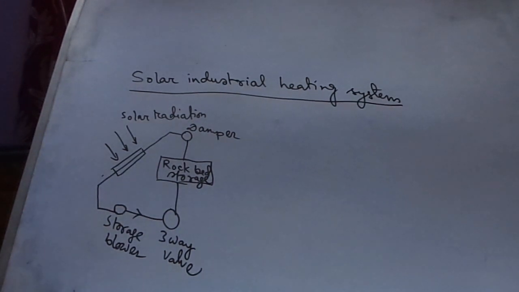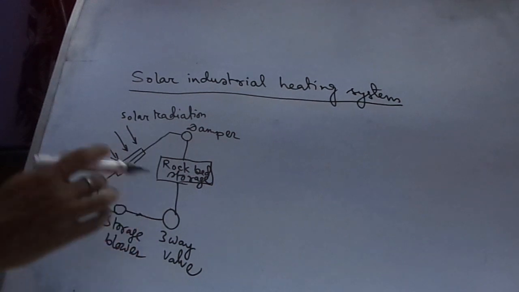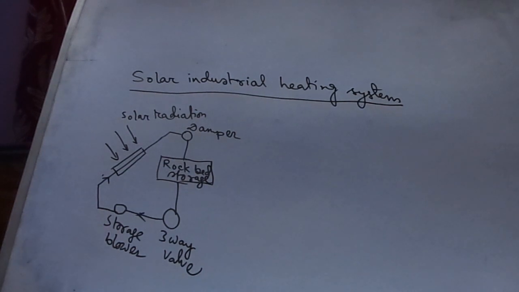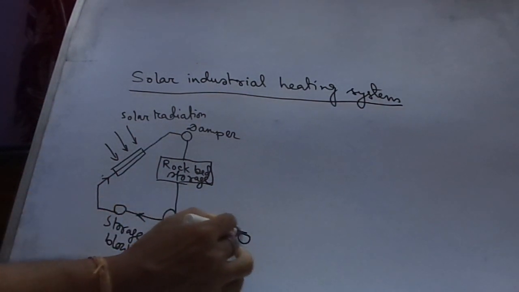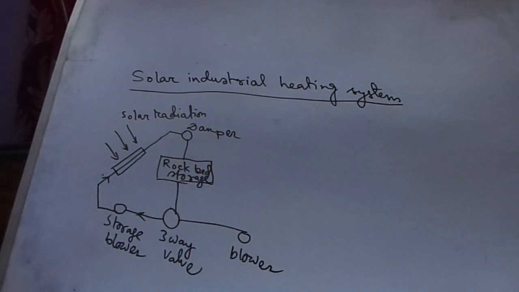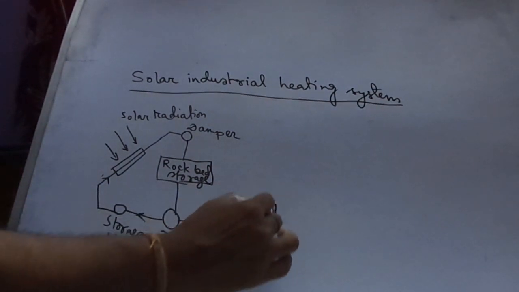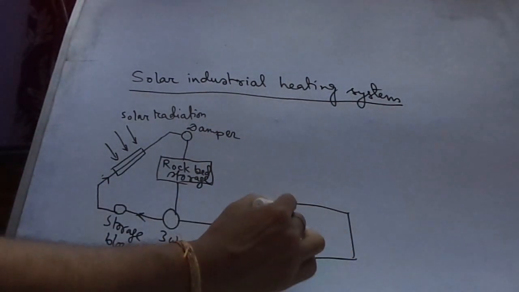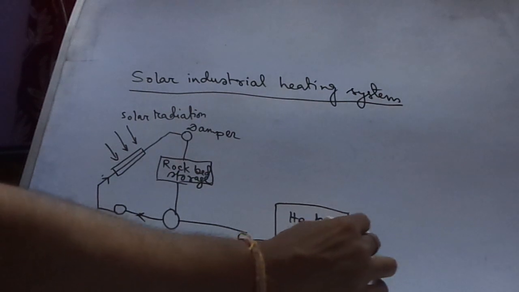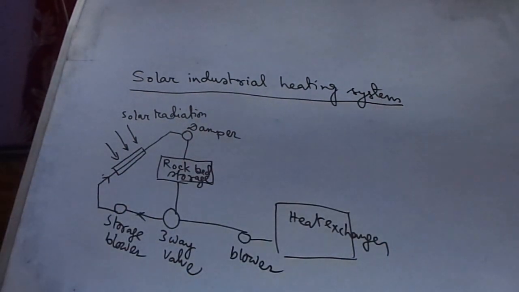If you put the arrow here like this, another one is the blower, and there is a heat exchanger.